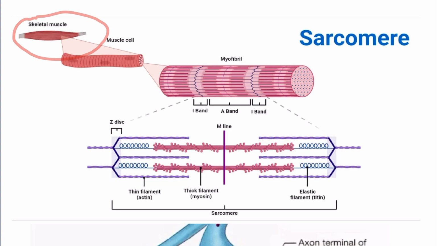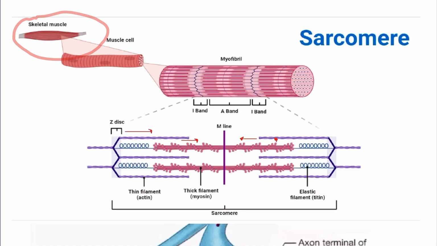And myosin will come over and bind to the thin filaments, the actin filaments, and pull them one way on one side of the M line. And on the other side, it'll pull them the other way. So they're moving in antagonistic directions. But overall, I'm shortening the size of this sarcomere.